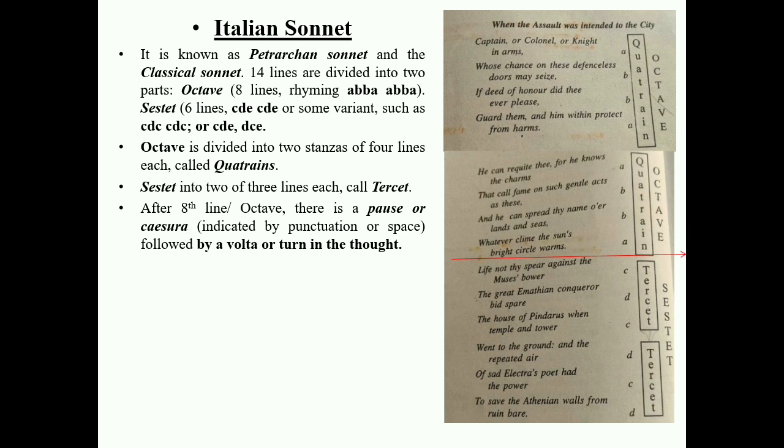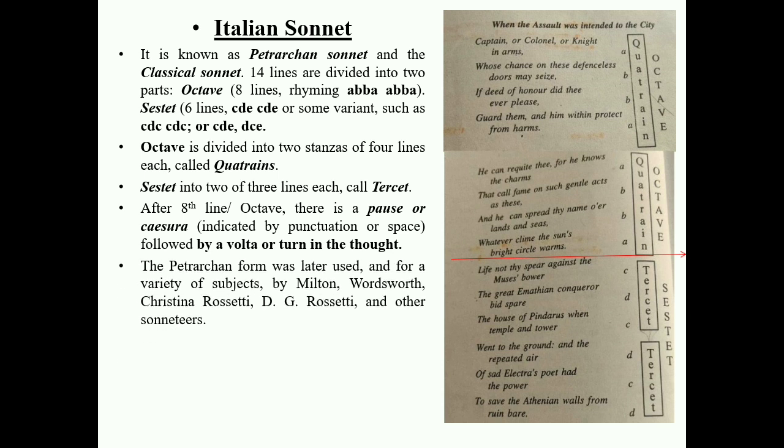So it means that up to that particular line a particular idea or emotion or feeling is discussed, and from here his mood of expression will turn. That is the point you need to understand, followed by a volta or a turn in the thought. So volta means nothing but a turn in the thought, a change in the way of expression, a change in mood, and that is the point you can see.